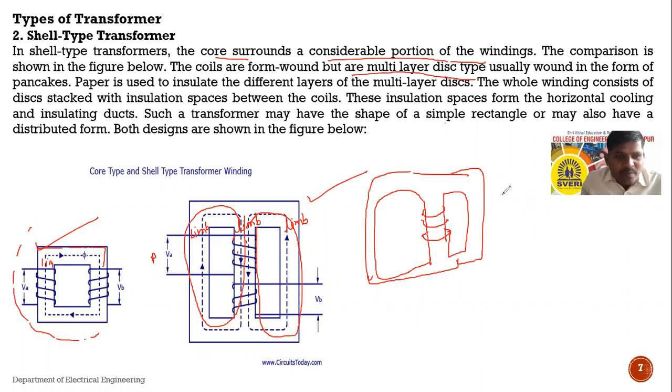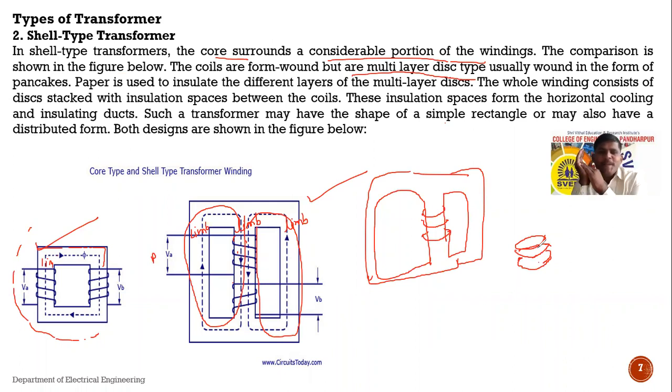Okay, now paper is used to insulate the different layers of the multi-layer disc. या मल्टिपल लेयर मधल्या डिस्क मध्ये, suppose if we are considering this is one disc, like this one is one disc. Okay, like that अशा डिस्क आहेत त्याच्यावरती. So these discs are also insulated from each other.